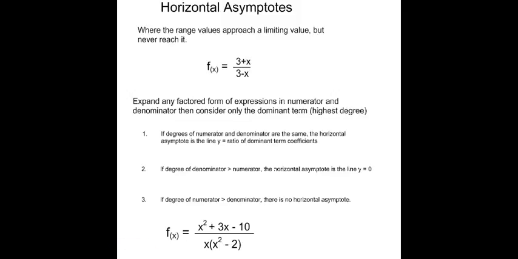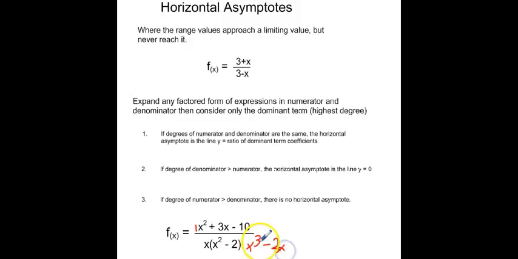Well, let's take a look at the degree of the numerator and the degree of the denominator. The degree of the numerator, the highest degree term, is x squared. Its coefficient is 1. And the degree of the denominator, is the highest degree term x squared? No, this is in factored form. If you distribute this x, the denominator would be x to the third power minus 2x.